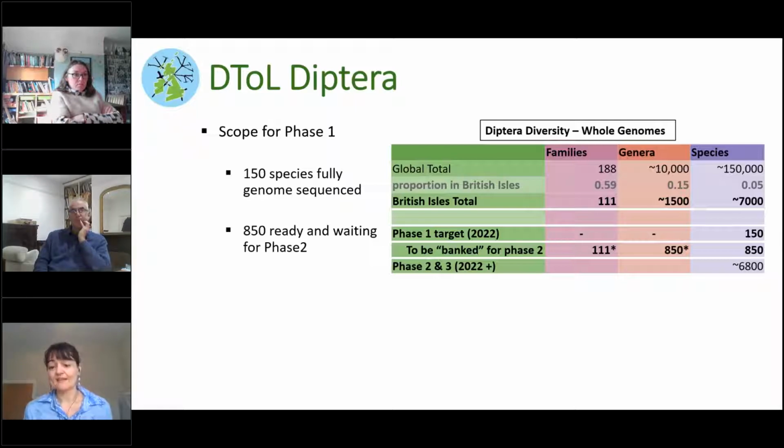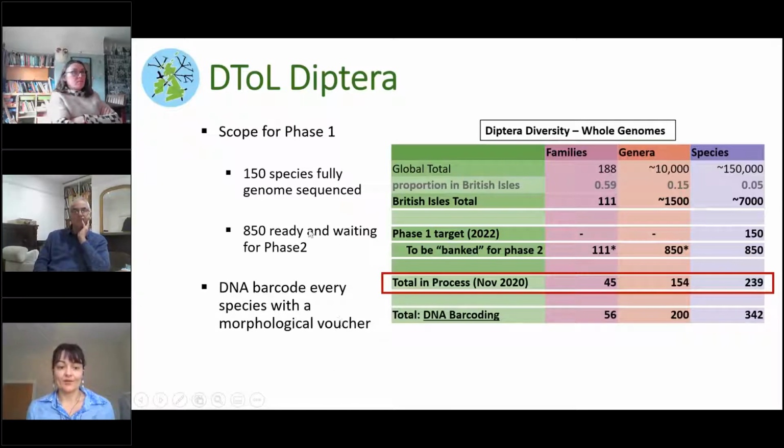It's only 150, and then after 2022, it's going to go full steam ahead to do the other about 6,800 species in the UK. So if we have a look at the total in process as of this month, we have 45 families in the bank, 154 genera, and 239 species.